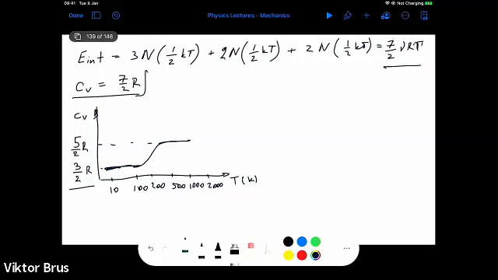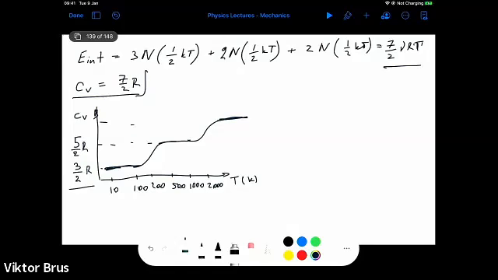And then when we increase temperatures to even higher values, you see, it's already above 1000 Kelvin, that is a very high temperature. And at some point, at very high temperatures, we get a third jump up and saturation.